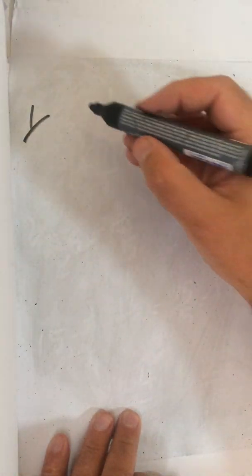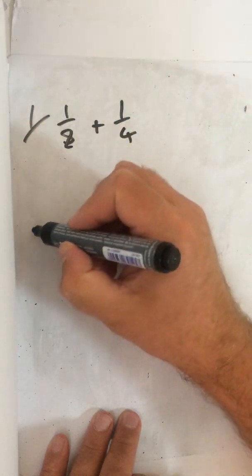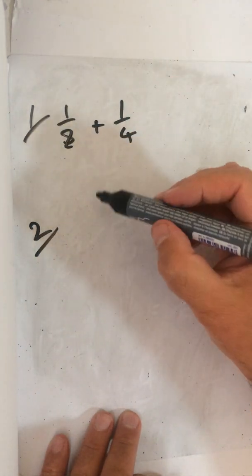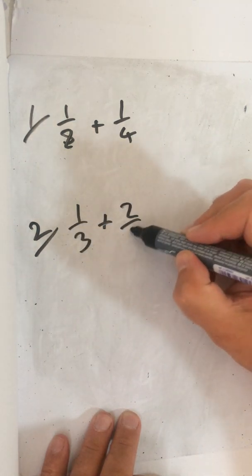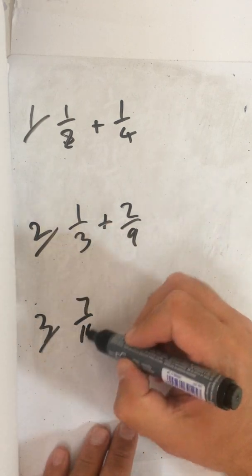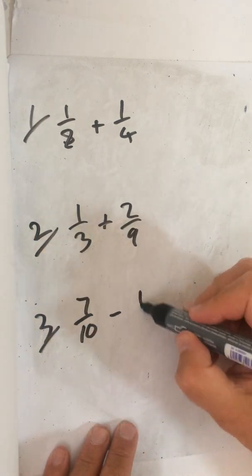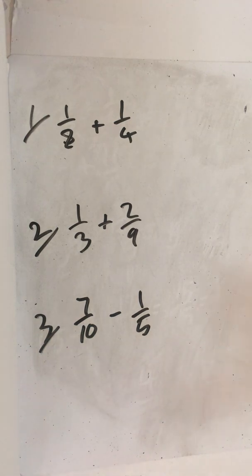So number 1, 1/8 plus 1/4. Number 2, 1/3 plus 2/9. Number 3, 7/10 minus 1/5. Okay, pause the video, have a go at those, and then we'll go through them.